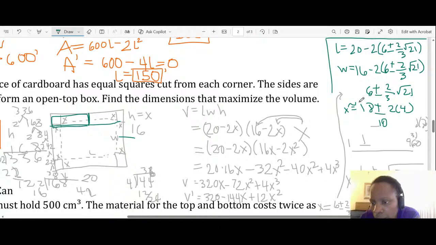Interesting. Okay, but if it's around 10, 20 minus 20 will be 0. See?